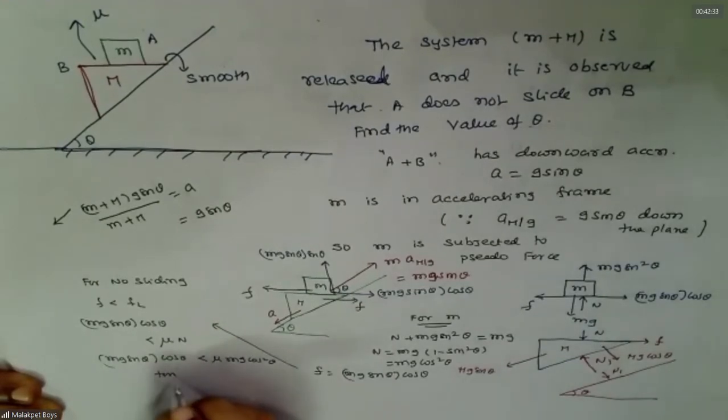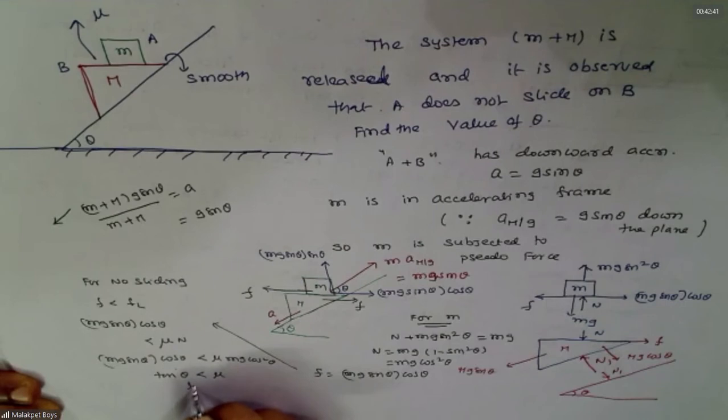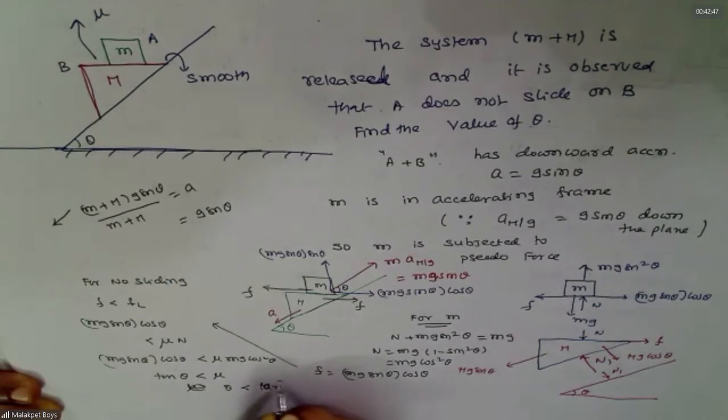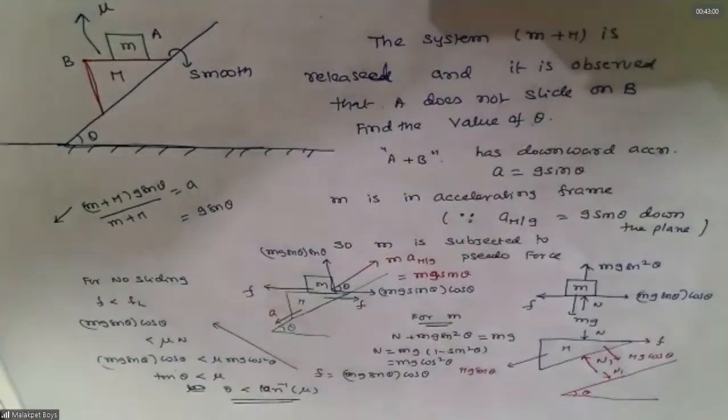See what you are getting. Tan theta is less than mu. Am I right? Do you agree or not? Understood this or not? Understood, sir.